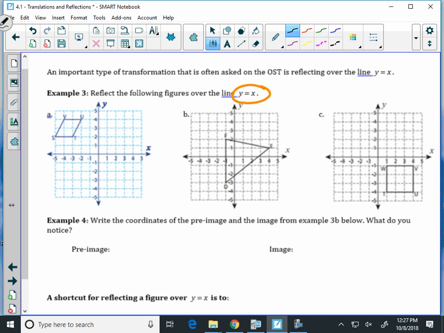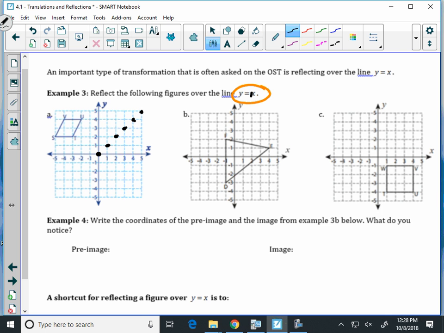Think y equals mx plus b form. Is there a y-intercept? No. So where do we start when there's no y-intercept? 0. So we start at the origin. And then what number is in front of the x? A 1. So what's our slope? Just up 1 over 1, right down the middle.